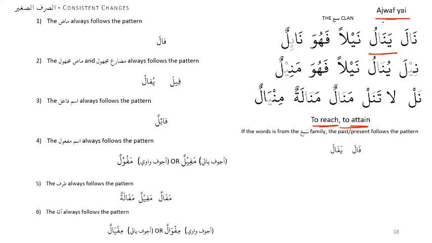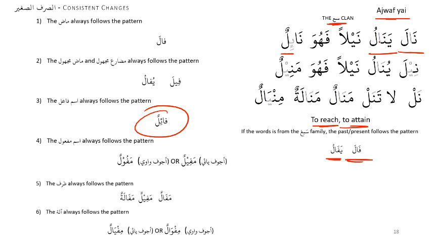This is ajwaf yai, so we have a ya in the middle. The past tense is in the form fa'ala, and the mudari' is in the form yaf'alu. So this becomes yanalu, and fahuwa na'ilun, this is common. So the ism al-fa'il is standard, but since this is the Sami'a clan, Sami'a yasma'u, that's why we have an alif over here.